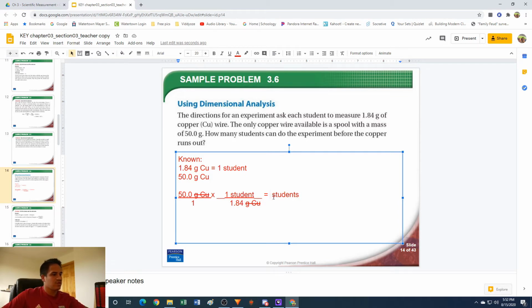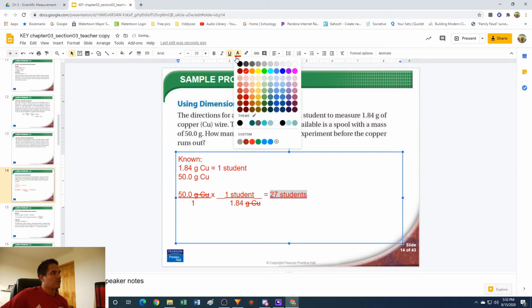Okay, so if we do this in a calculator, we will get 27.173 whatever students. But seeing as students are individual people, we probably want to round this to a whole number. So we're going to round this to 27 students. So 27 students could do this experiment before the copper runs out.